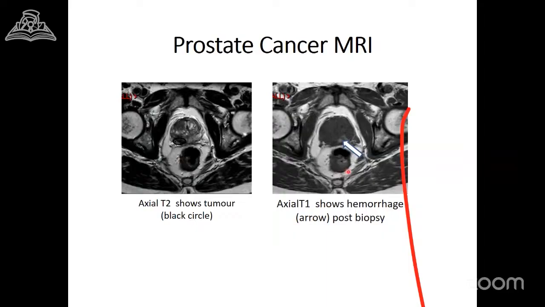The axial T1 image demonstrates biopsy hemorrhage shown by the arrow in this area. This appears as a high signal on T1 weighted imaging and is an important finding because it can sometimes mimic tumor on MRI.